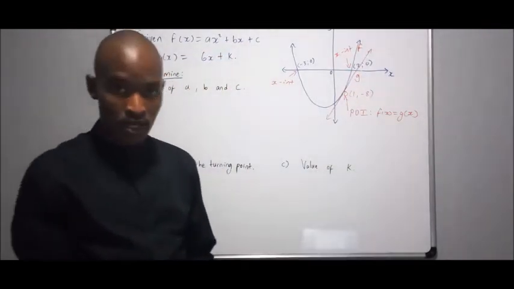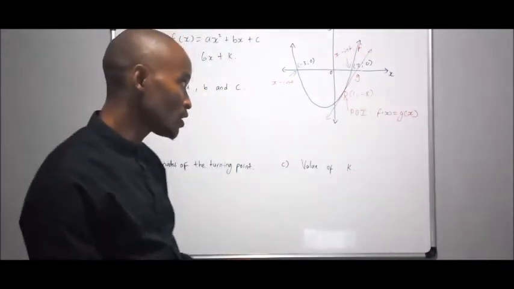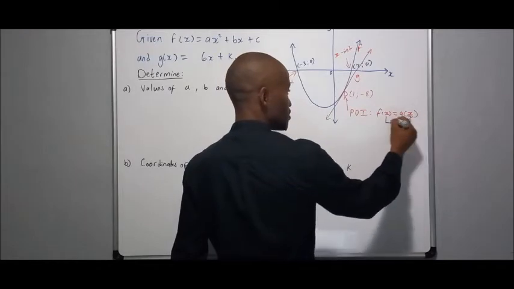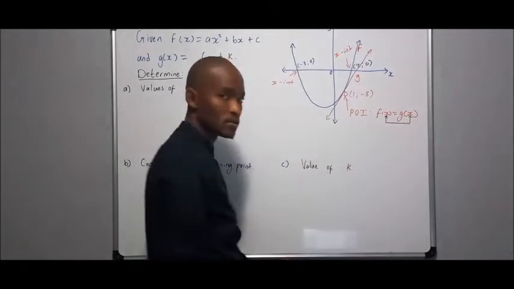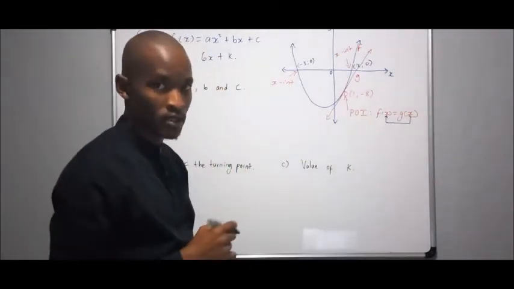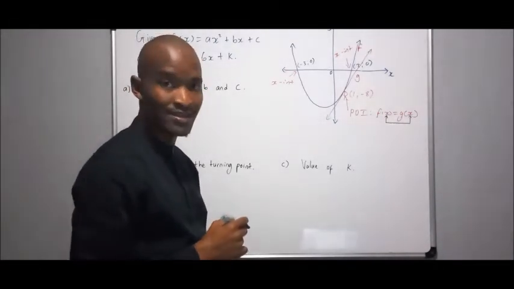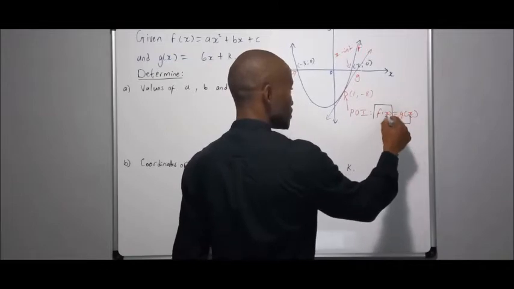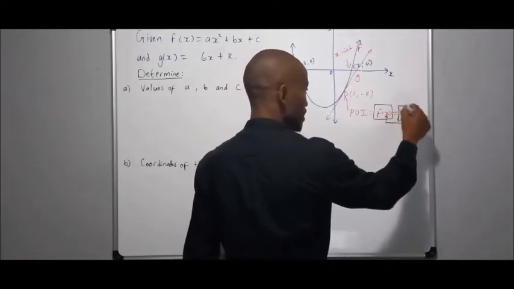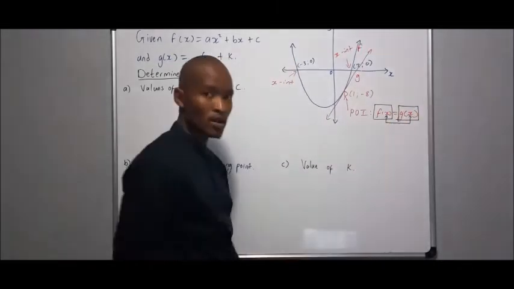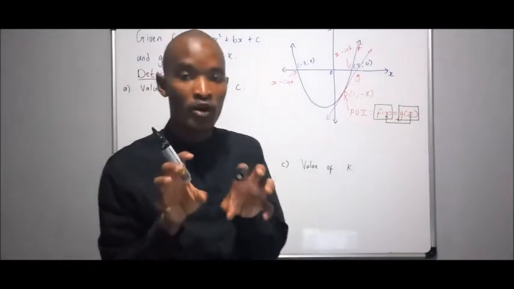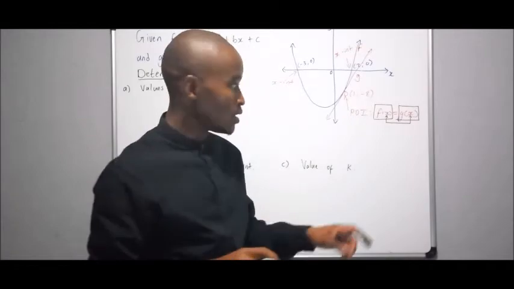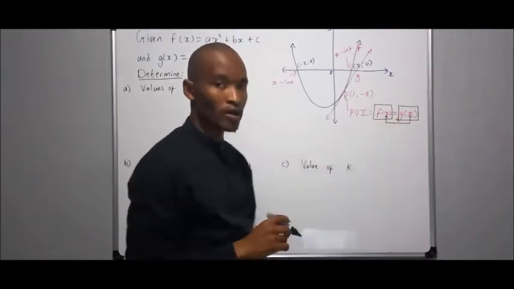What is the meaning of this equation? We are saying that the x coordinates of these two functions are the same at that point. In this case, that point is D. We are also saying that f of x and g of x, meaning their corresponding y coordinates to this x value, both have the same y coordinate.